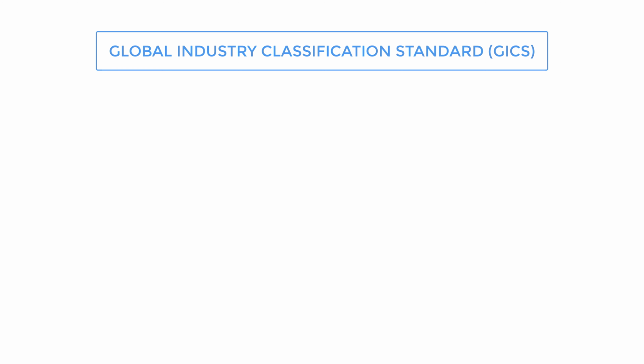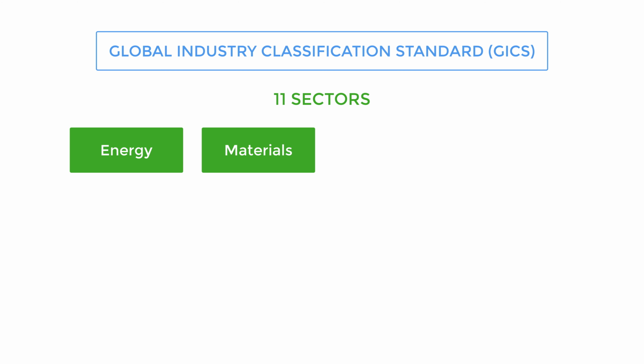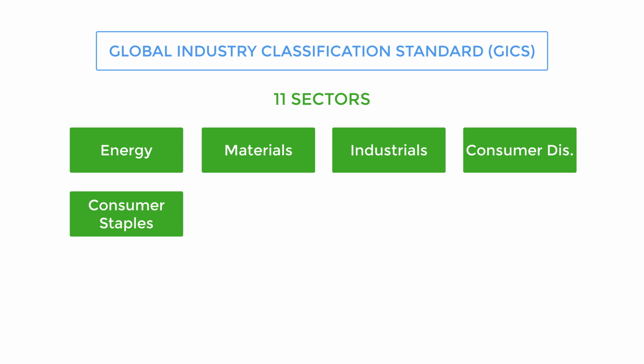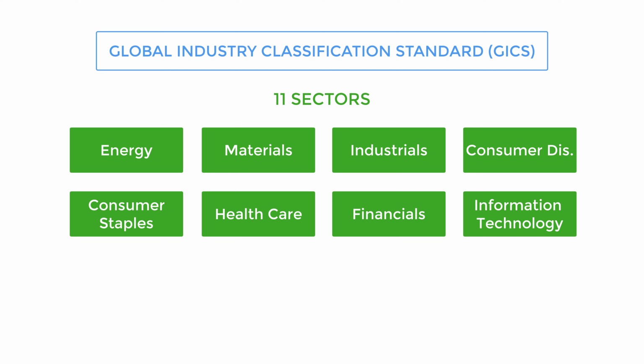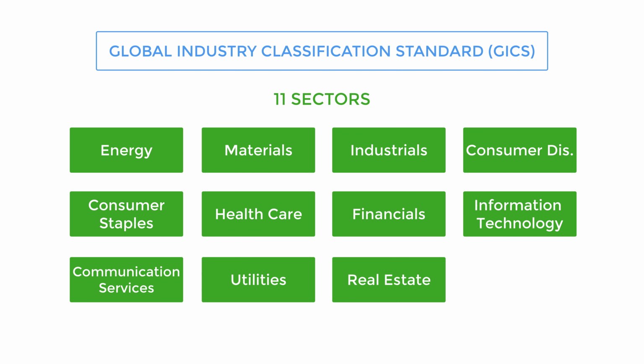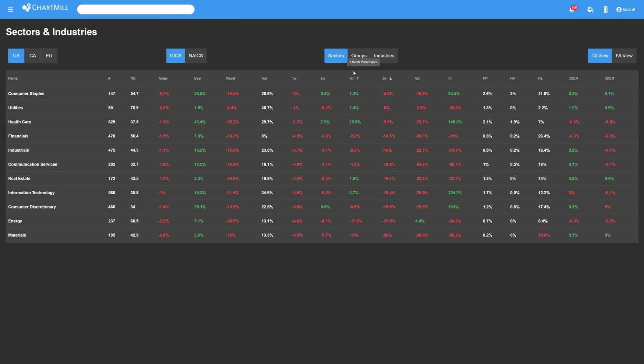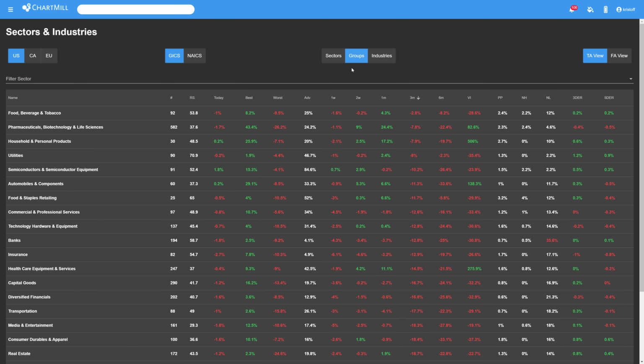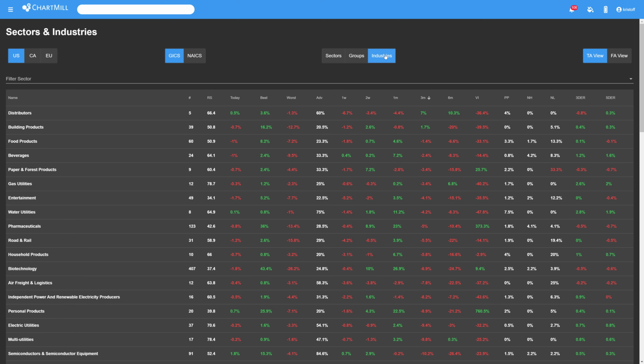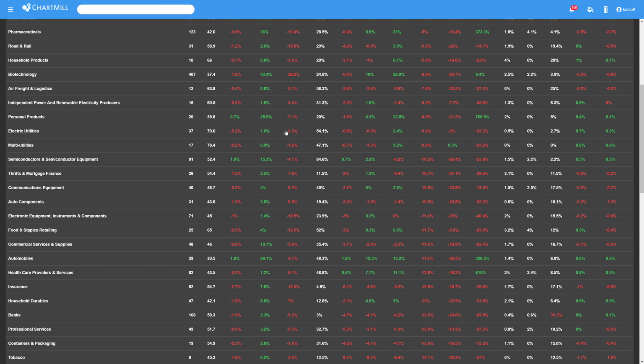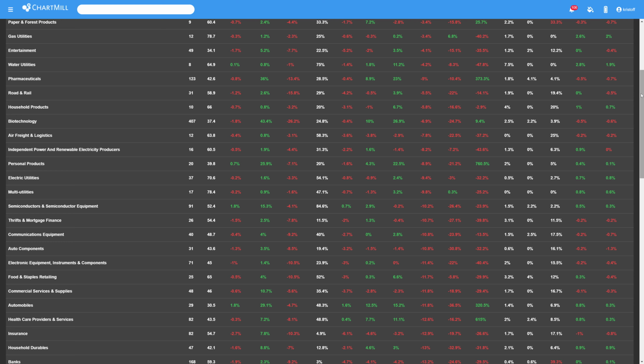A distinction is made between 11 different sectors: energy, materials, industrials, consumer discretionary, consumer staples, healthcare, financials, information technology, communication services, utilities, and real estate. These sectors are again divided into 24 groups, 68 industries, and 157 sub-industries. All publicly traded companies can be classified into these.